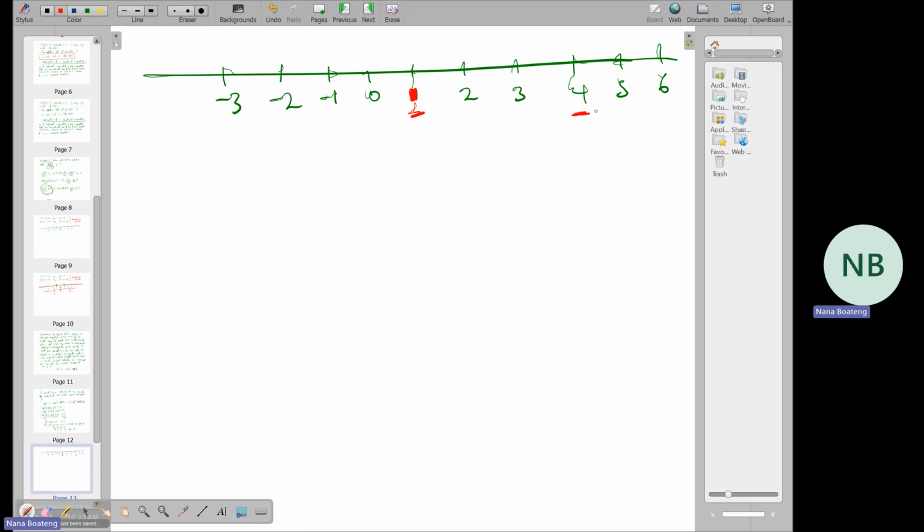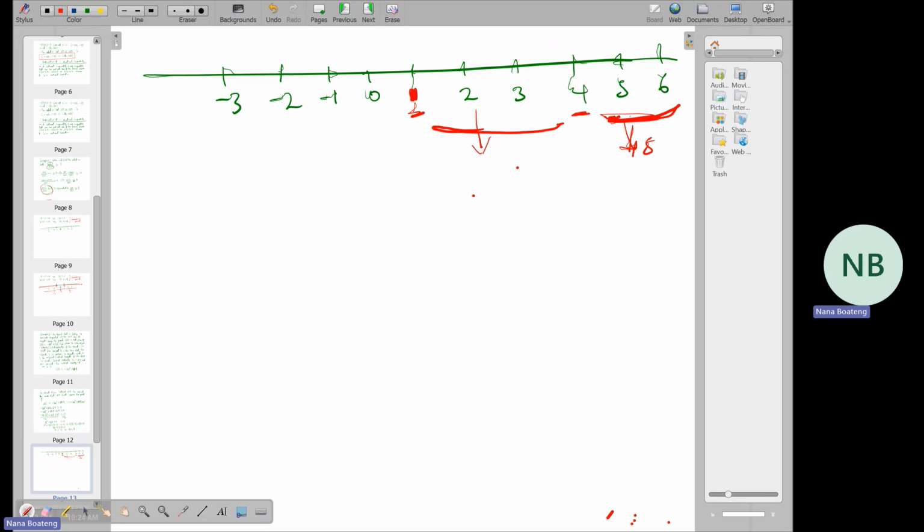So we'll pick values after 4, and we can pick something like 5 as our test point. Between 1 and 4, we can pick a value like 2. We could have also picked 3 or any other number between 1 and 4.